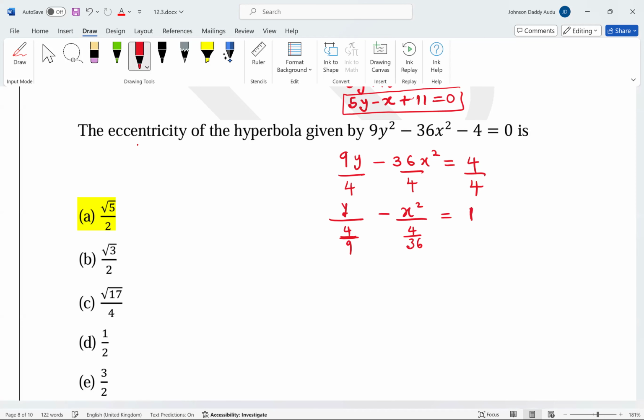Now we can try to write it in a better form. What does that mean? It simply means that you're dealing with a vertical hyperbola. So our a squared is just going to be 4 over 9, which means that a is 2 over 3.